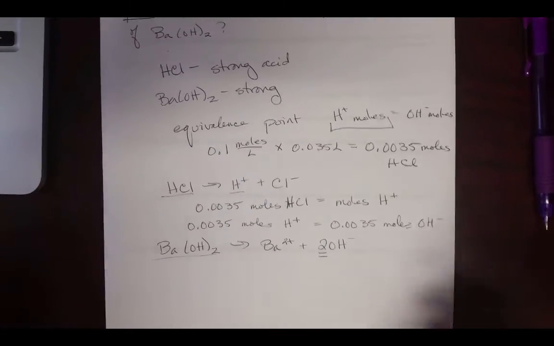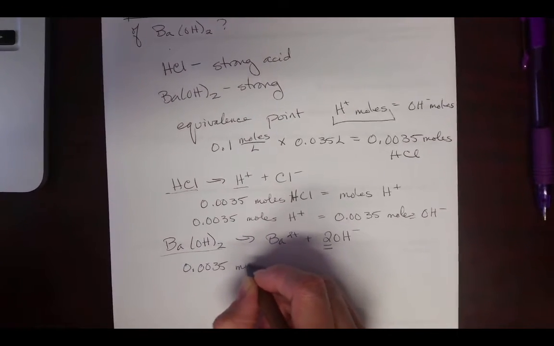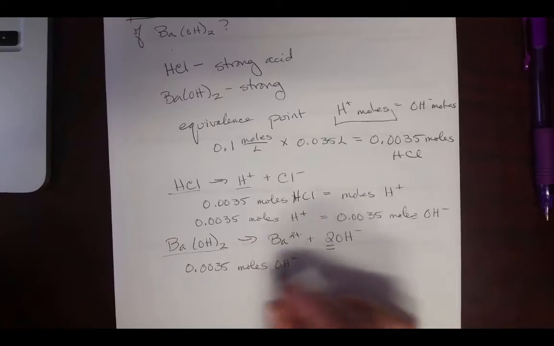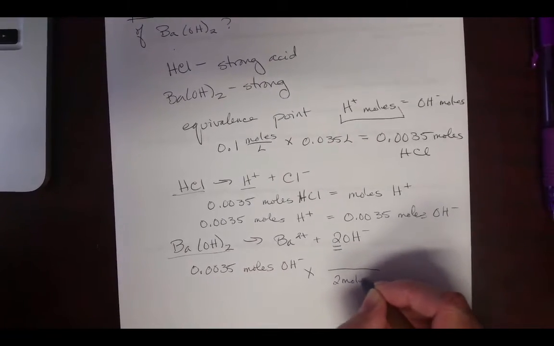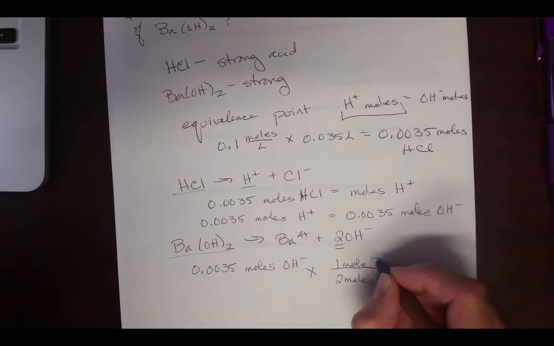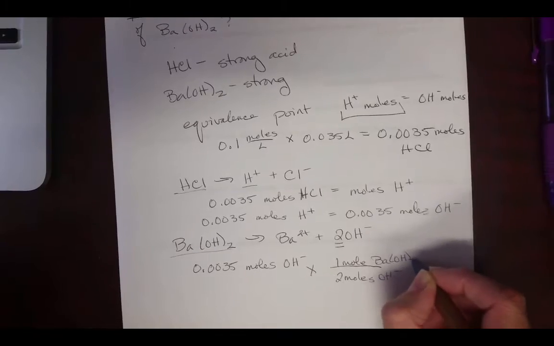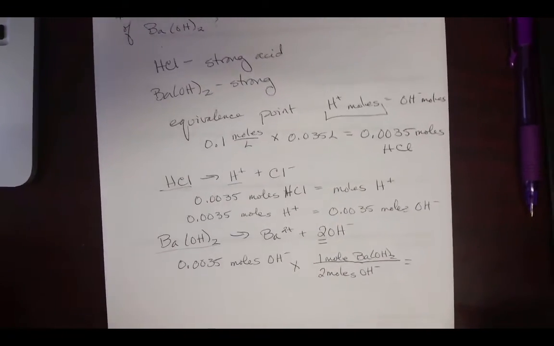So what that means, thinking back to a time when we did stoichiometry, I've got my moles of my hydroxide, and there's 2 moles of my hydroxide in every 1 mole of my barium hydroxide, which basically means you divide the number by 2.